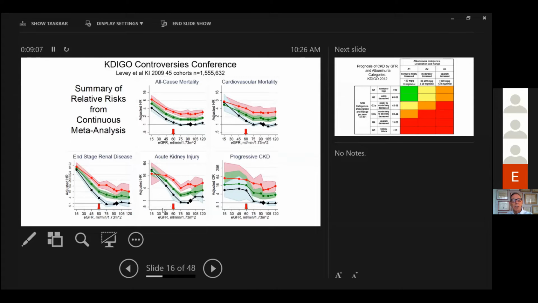Here's GFR of 60 in each case, and albuminuria. This is 30 to 300, or so-called microalbuminuria, greater than 300, macroalbuminuria, to no albuminuria. And you can see that both low GFR or higher albuminuria are independent risk factors for these outcomes.